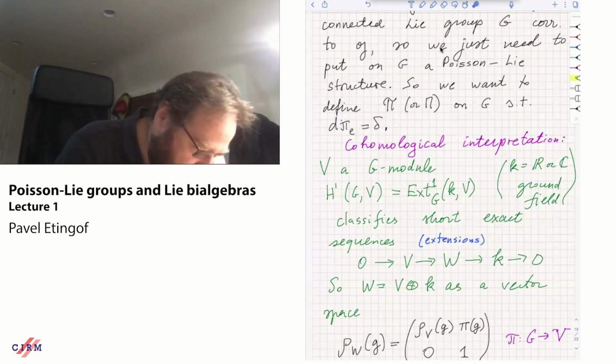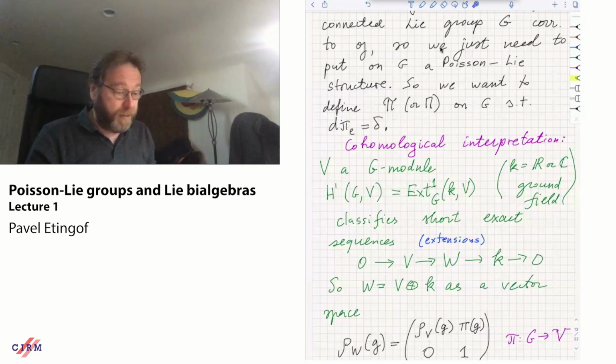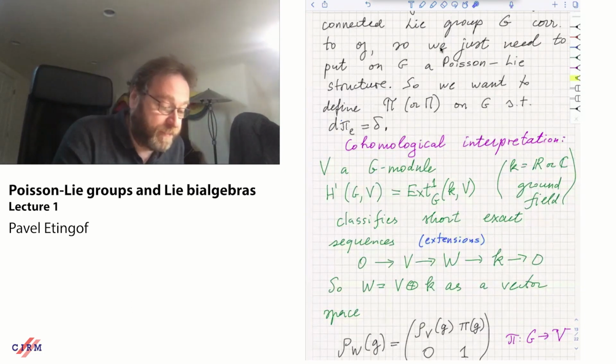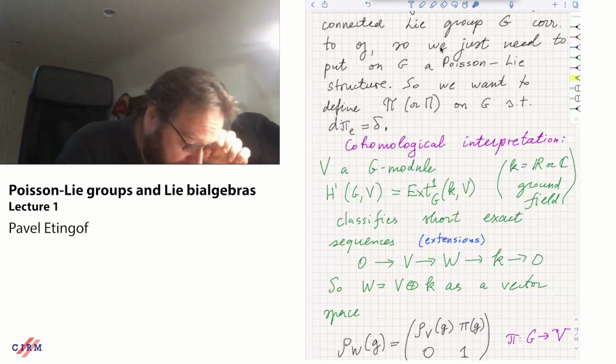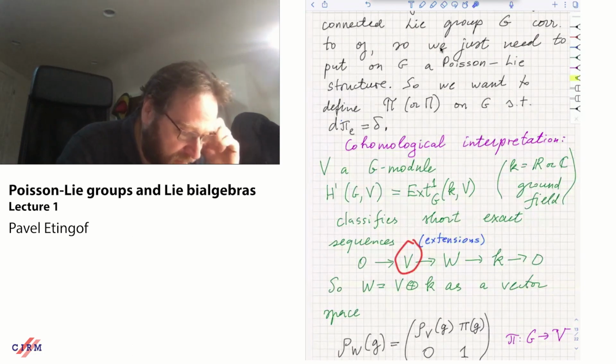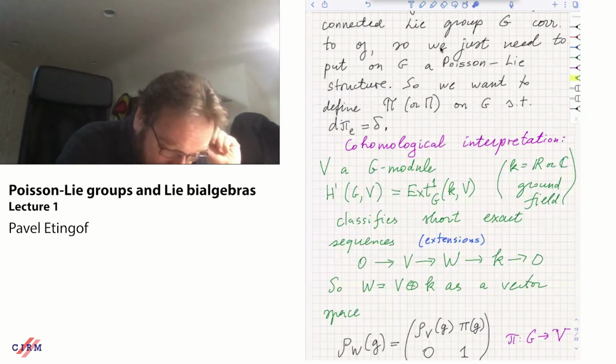So this means that W does not have to be isomorphic to V plus K as a representation. It does, however, have to be isomorphic to V plus K as a vector space. So there should be an isomorphism such that V goes to this subspace V here by the identity map.